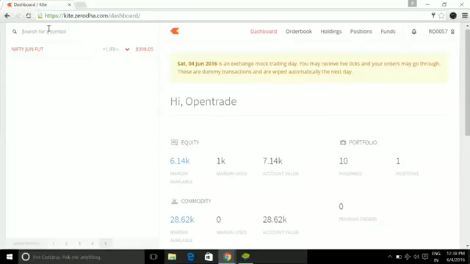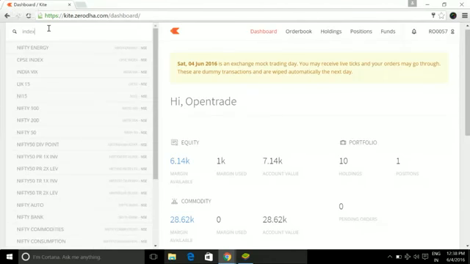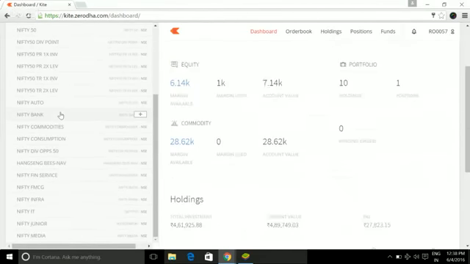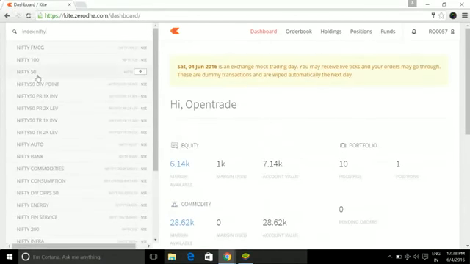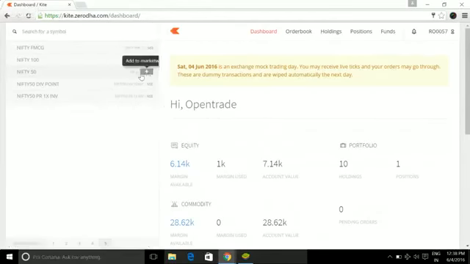People ask for indices. So one thing we have done is, if you search for index, you can actually see all the indices available here, right? If you want index and you want Nifty, you just have to say Index, and then say Nifty, and then you can see the Nifty 50 index. So you can add this Nifty 50 index onto the market watch, right?